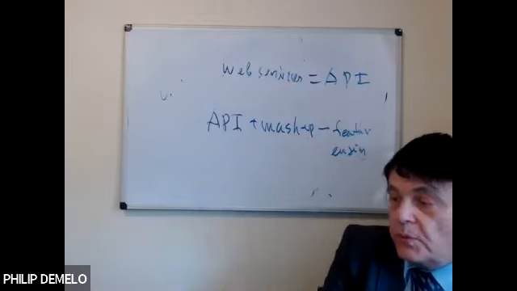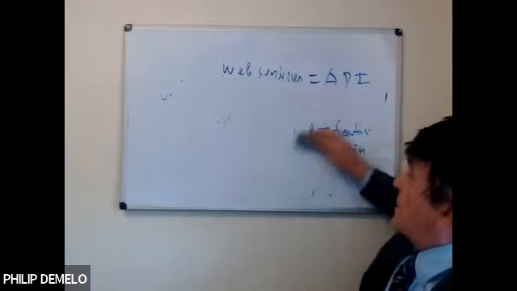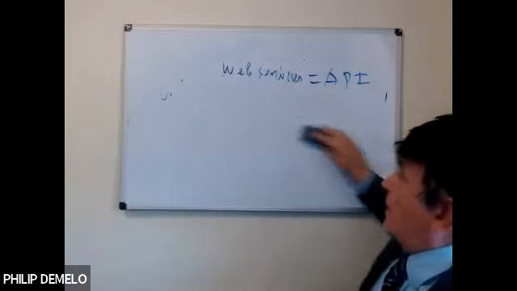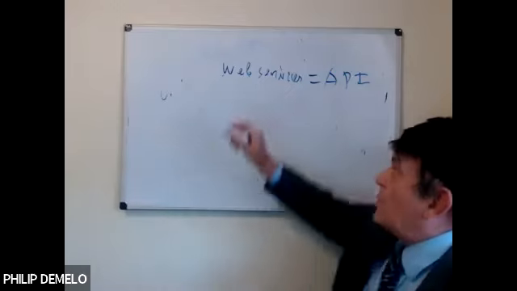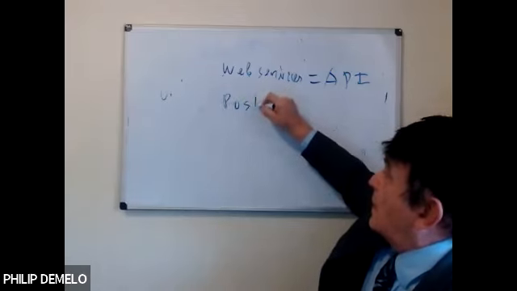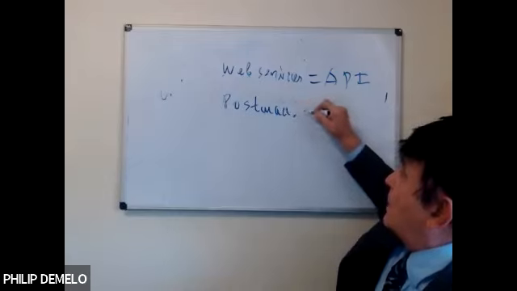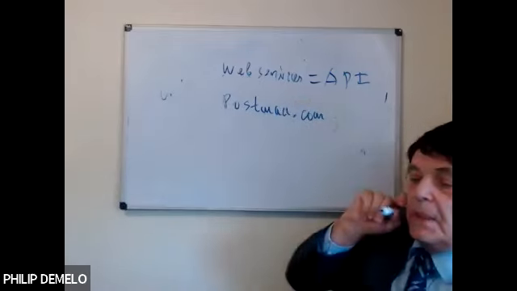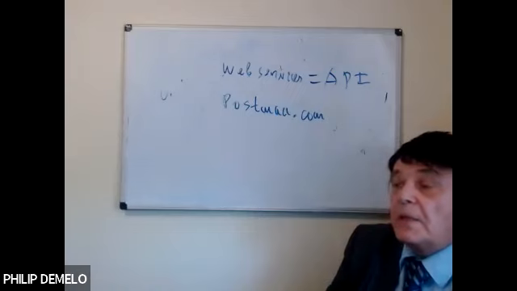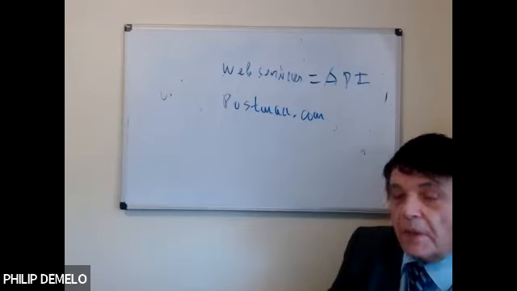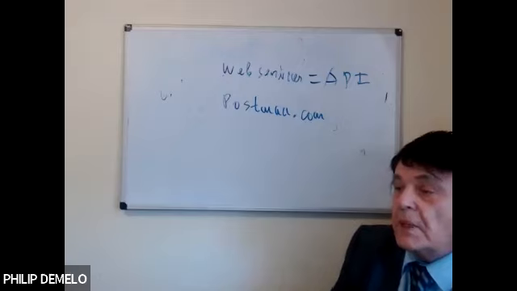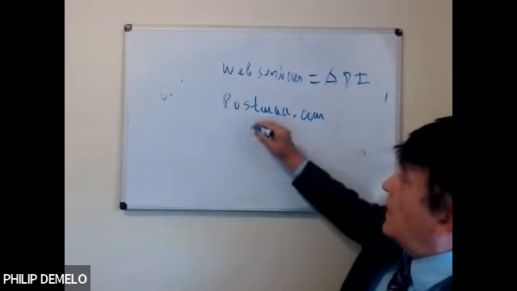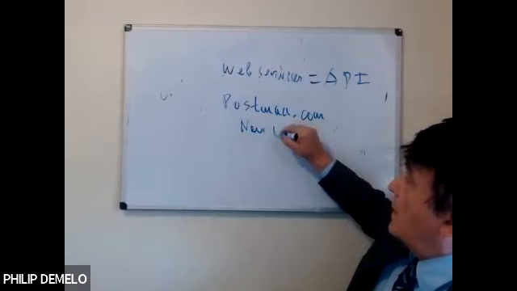Okay, so what I want you to do as a homework: you go to postman.com, and you create your account. It is absolutely free. You don't pay anything. When you create your account, just punch in the Windows search, it is called new request.